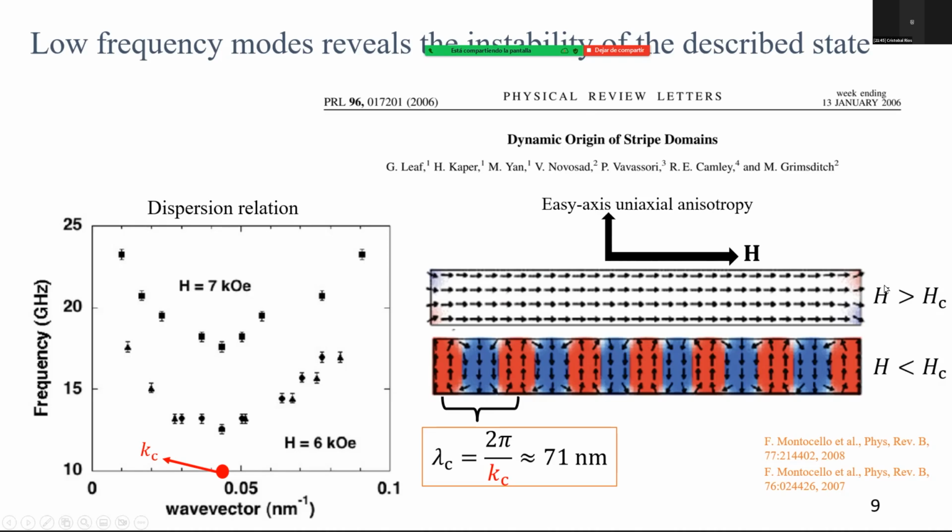We can see that when we decrease the magnetic field under the nucleation field, the system will create or stabilize a magnetic texture where the period of the texture will be related to the critical point where the frequency, the dispersion relation, touches 0.